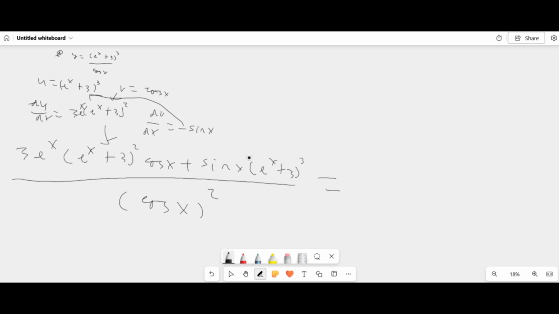Now we've got e to the x plus 3 in both terms, so take out e to the x plus 3 squared from here.